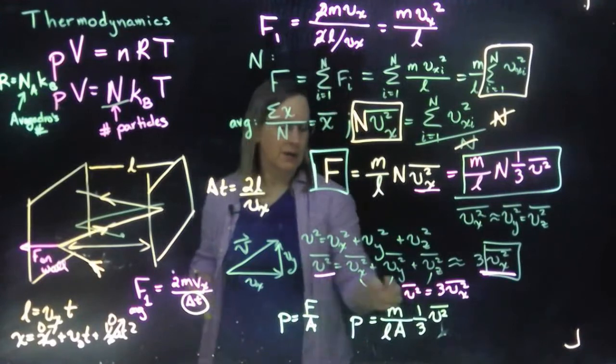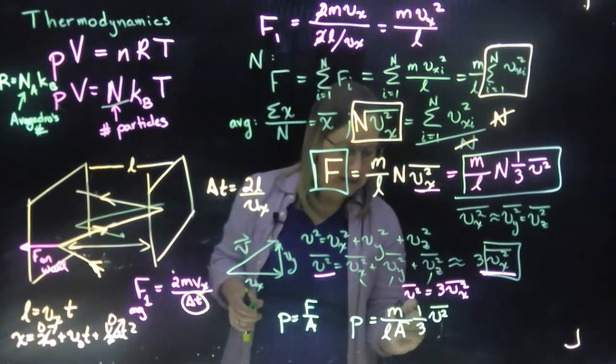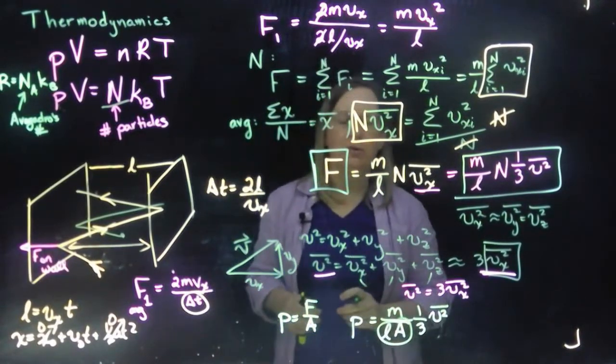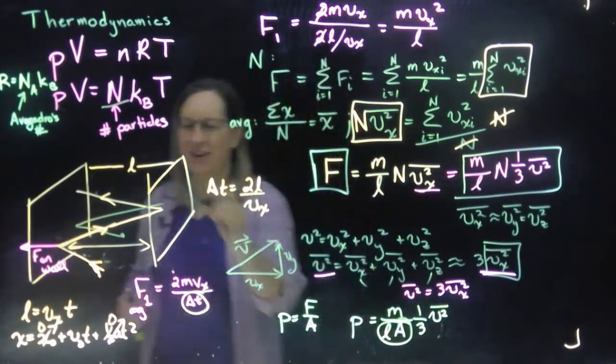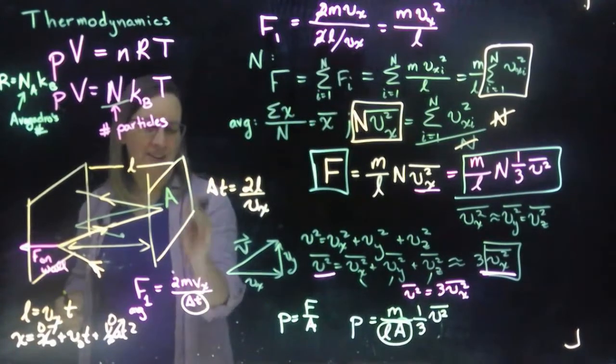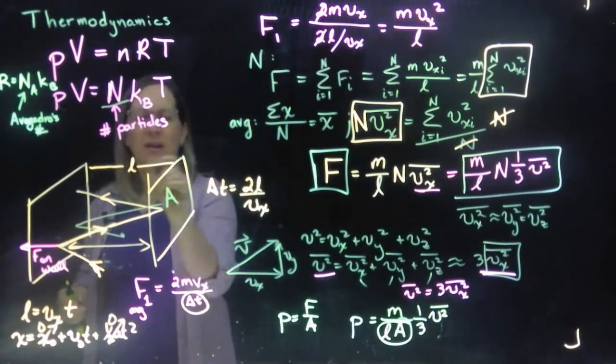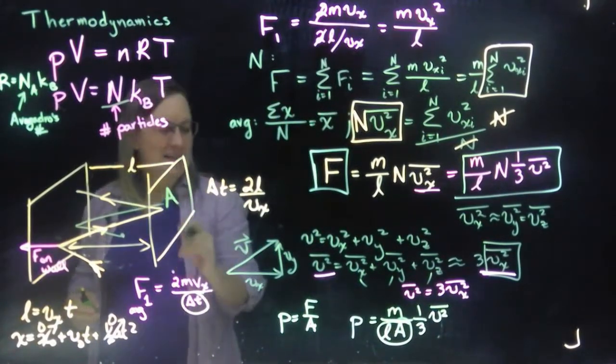Okay, this length times area, that's the surface area here. So length times surface area is the volume.